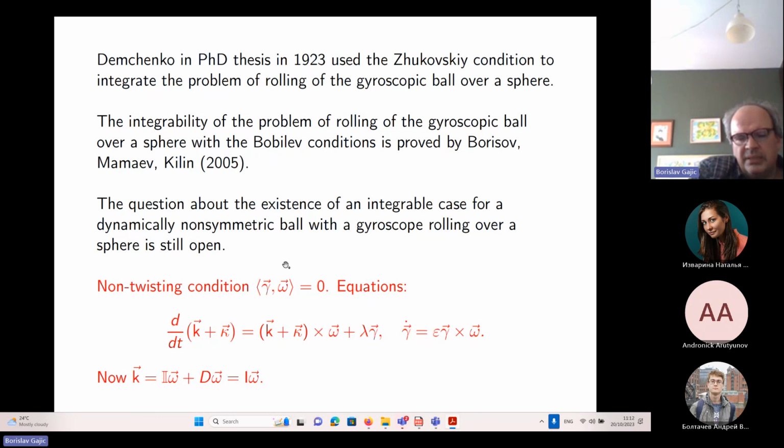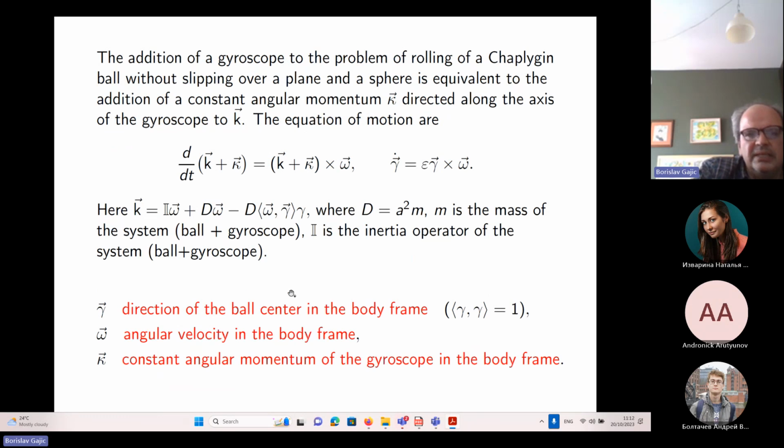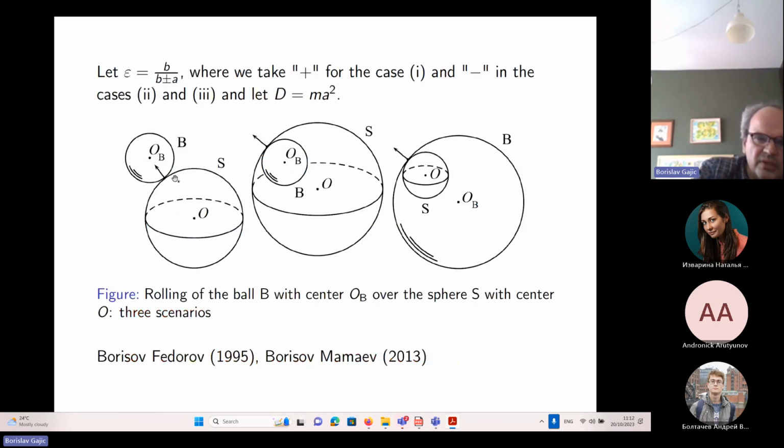Let us consider the case when we have an additional non-twisting condition, that omega scalar product with gamma is equal to 0. This simply means that the angular velocity omega of this ball has no component in the direction orthogonal to the sphere. So there is no twisting.